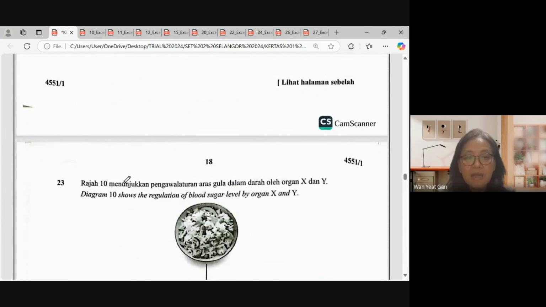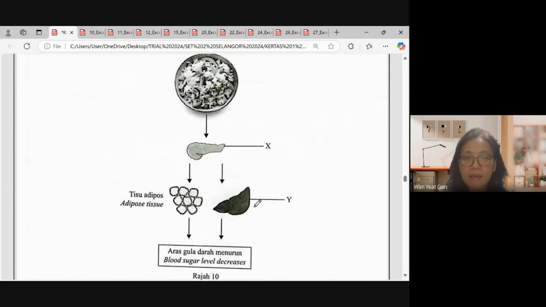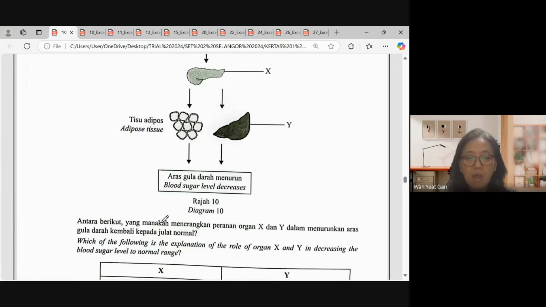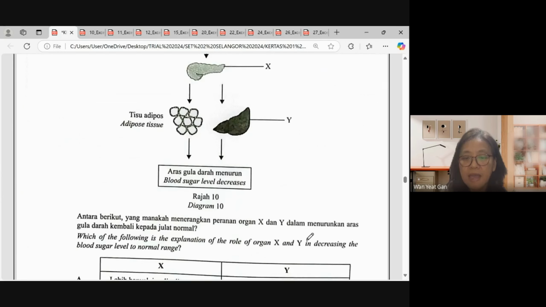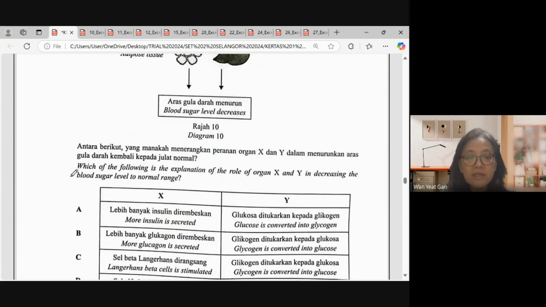23. Diagram 10 shows the regulation of blood sugar level by organ X and Y. So organ X is pancreas, organ Y is the liver. Which of the following is the explanation of the role of organ X and Y in decreasing the blood sugar level to normal range?